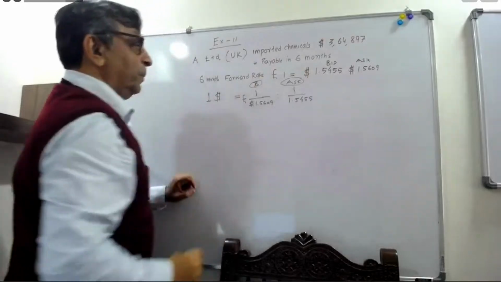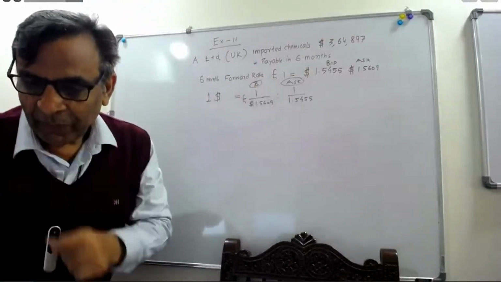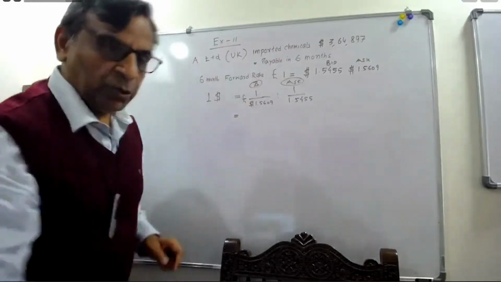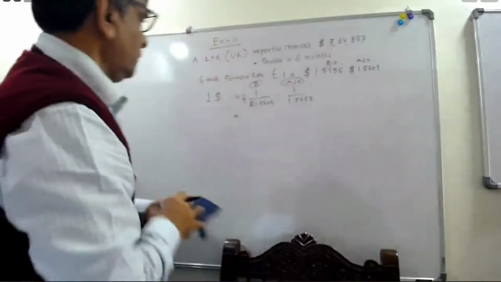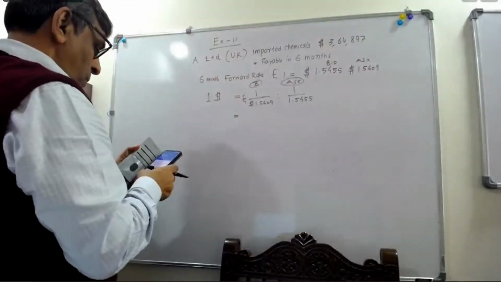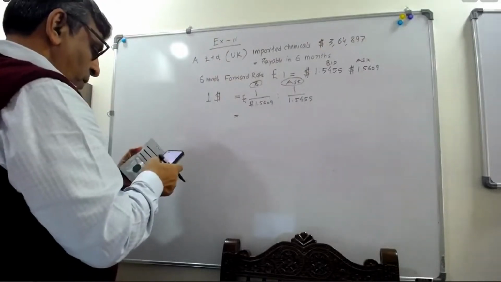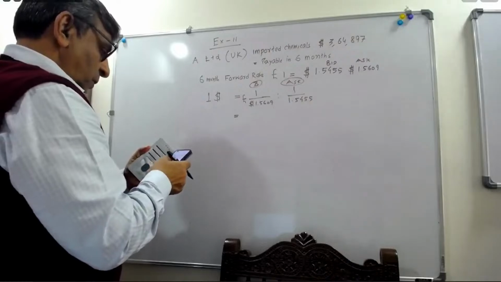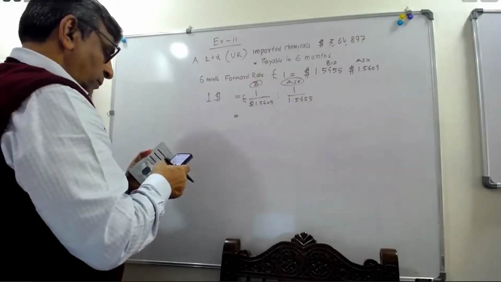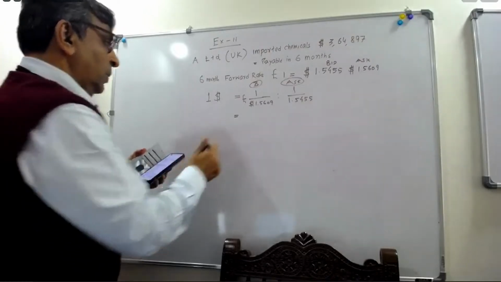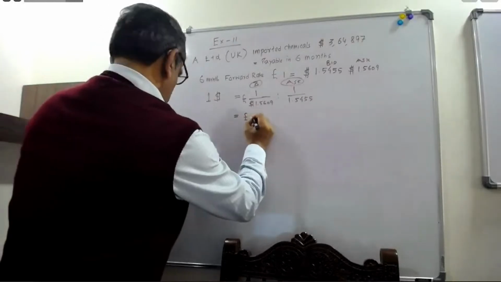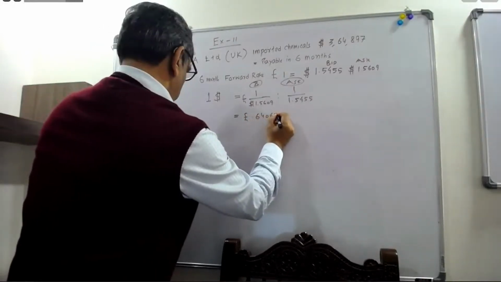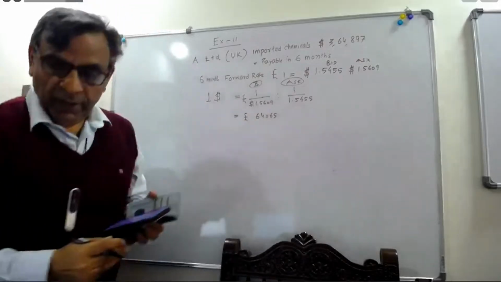Now he's supposed to make a payment, isn't it? So let's first calculate. One divided by 1.5609 will be £0.6406.